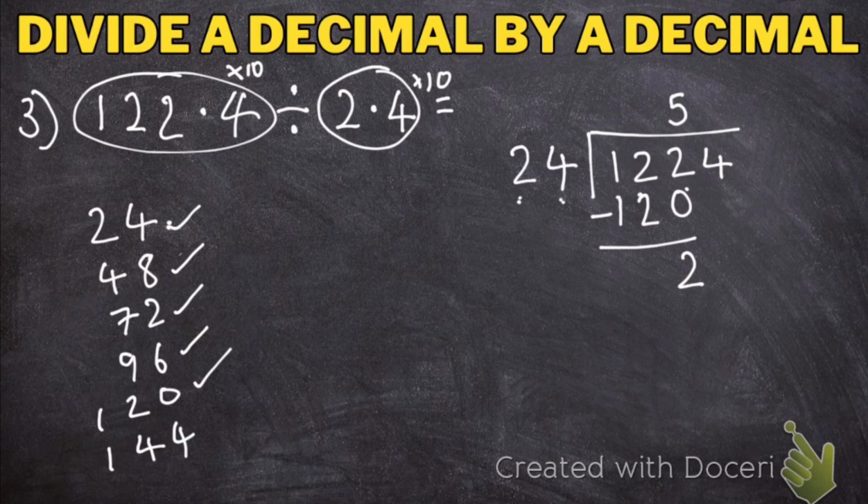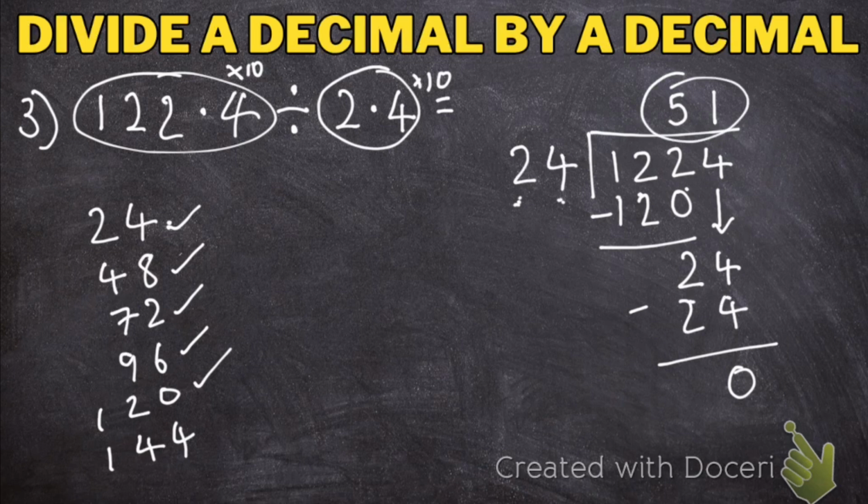And I'm going to bring the 4 down. How many 24s in 24? There is 1. Take away 24. And there's 0 remainder. So the final answer is 51, and I'm just going to put that there. And that is how you divide a decimal by a decimal.